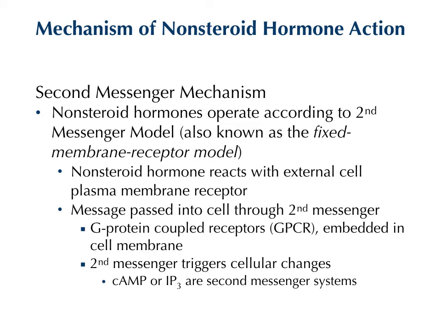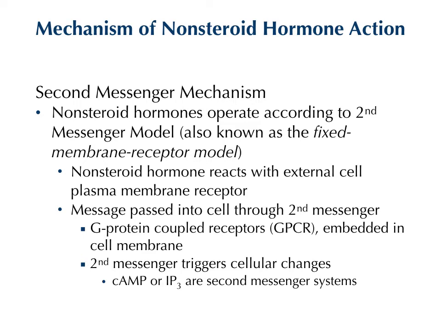In this type of signal transduction, the nonsteroidal hormone molecule acts as the first messenger, and it delivers its message to a receptor that is stuck on the outside of the target cell's plasma membrane. The message is then passed on into the cell, where a second messenger triggers the appropriate cellular changes within the inside of the cell. This concept is also called the fixed membrane receptor model.